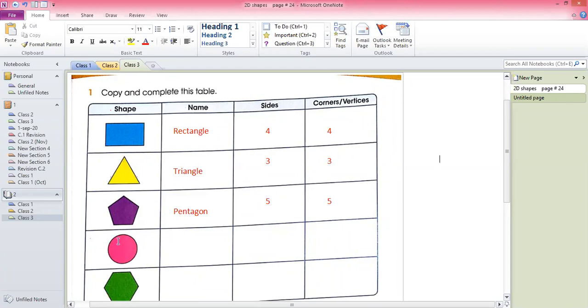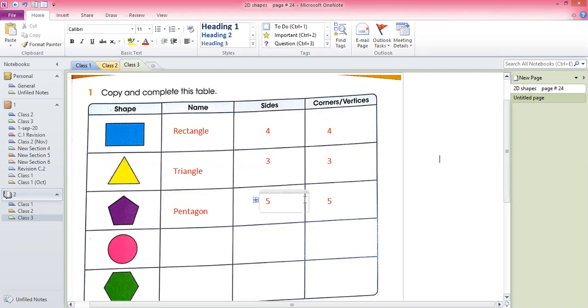And it doesn't have any corner. I told you when one side, one edge meets another edge, that point is known as a corner. So there is no corner. So this is a circle. It has only one side and it has 0 corners.